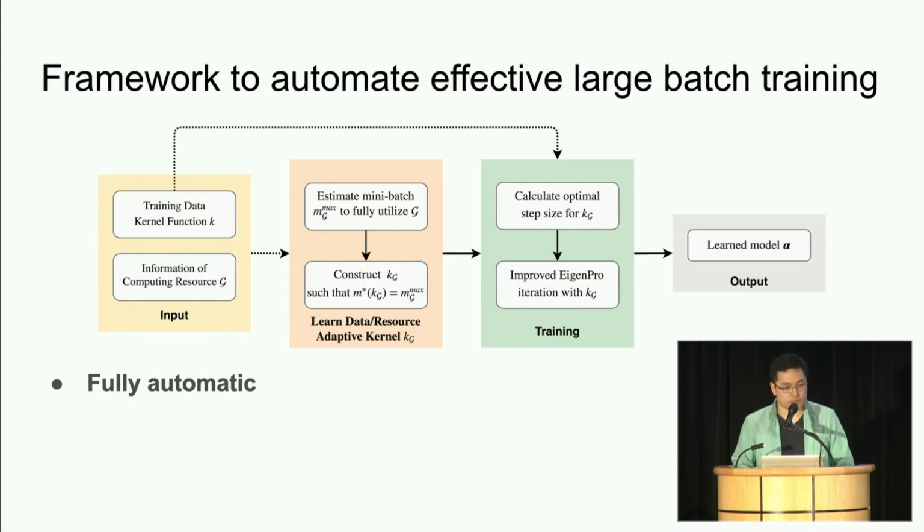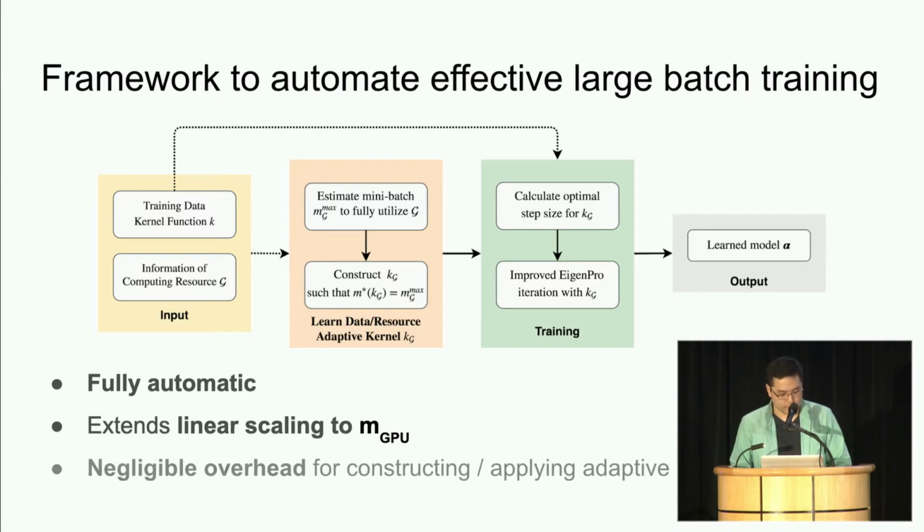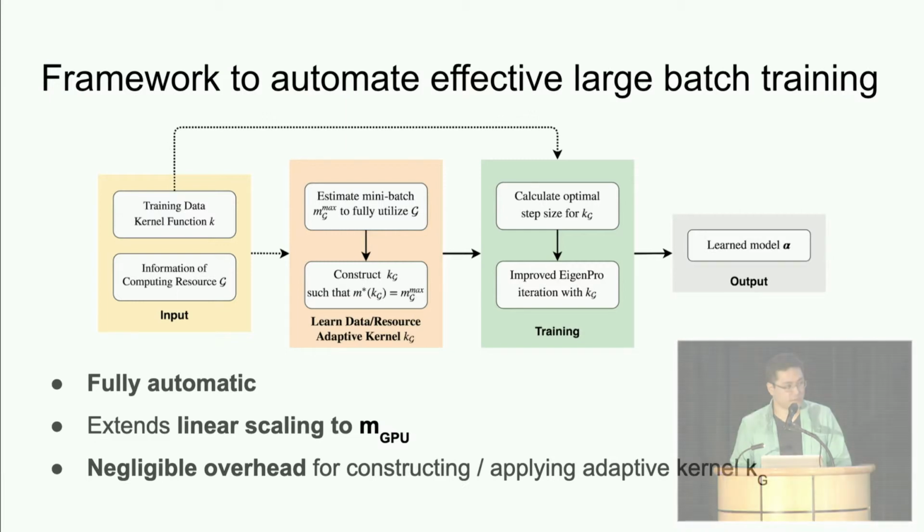This pipeline will automatically construct a new kernel and apply it for training. So it allows you to automatically extend the linear scaling to m GPU. And what's even more, it has negligible overhead. In our experiments, the overhead is 2 or 3%, which is totally negligible.